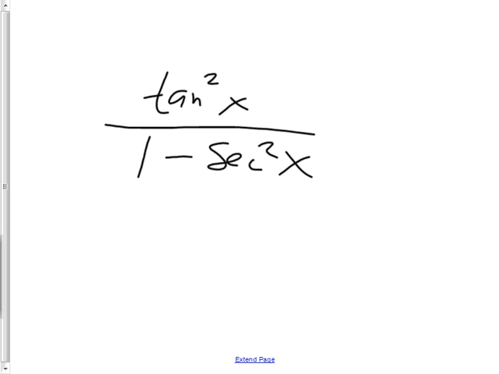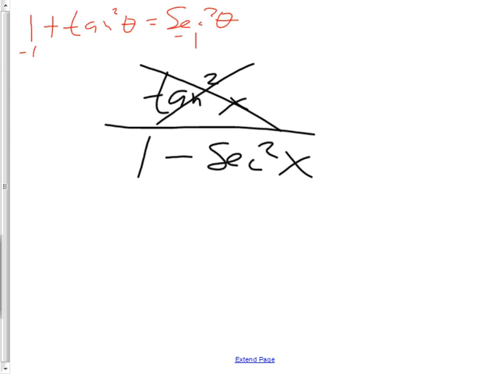All right, so the tangent squared, I'm going to cross off tangent squared and replace it with, well, if you don't know, you go off to the side and you say, the one with the tan is what we seek. And so if I want to know what tangent squared is, I have to solve for tangent squared. So I take away 1 on both sides, and now tangent squared is alone, and it's secant squared minus 1.